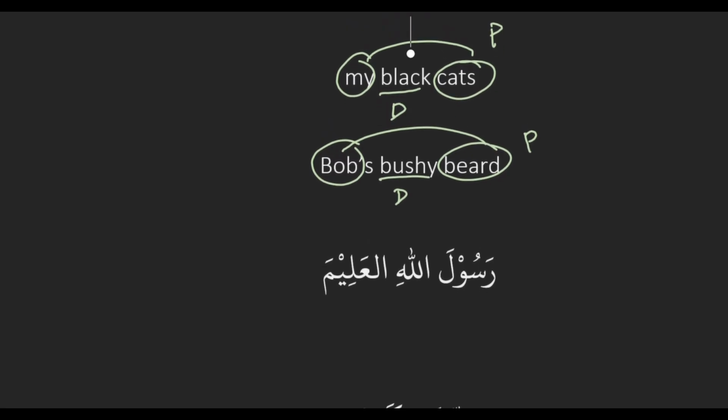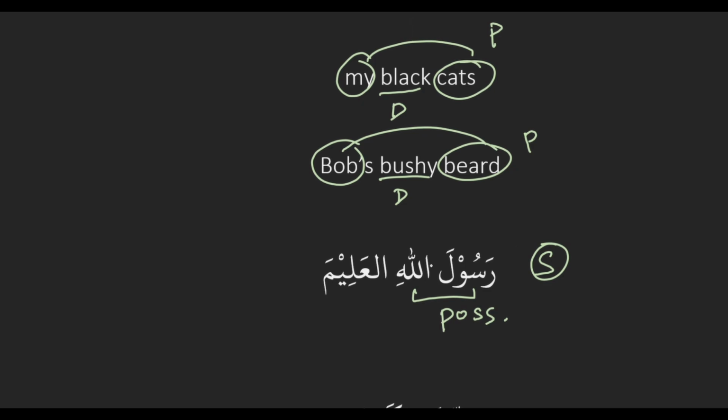So let's look at an example here. Rasulallahi, what are we looking at? Rasul is general, the word Allah is specific, that's possessive. So we're looking at a possessive fragment. And if we wanted to describe it, Rasulullah, are we talking about someone general or someone specific? Specific, the Prophet of Allah. So we're talking about someone specific, so then the description is also going to have to be specific.